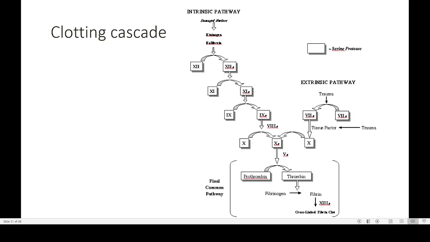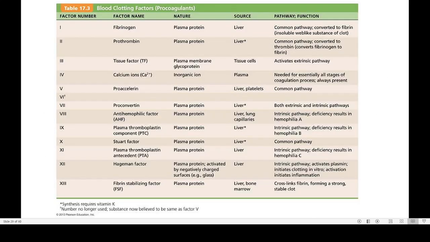Okay. And what is thrombin? It's basically an enzyme. That enzyme converts fibrinogen to fibrin. You can see that. And when fibrin is formed, there is another substance, the 13th factor, the fibrin stabilizing factor.